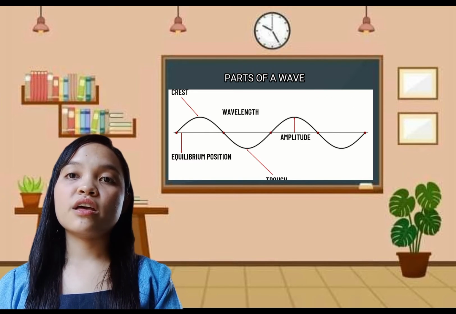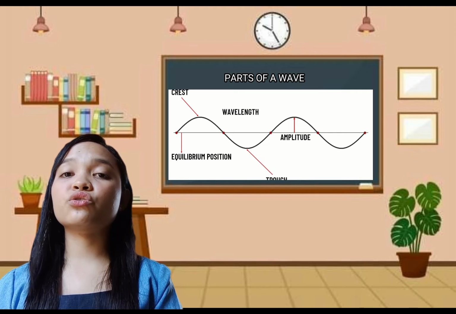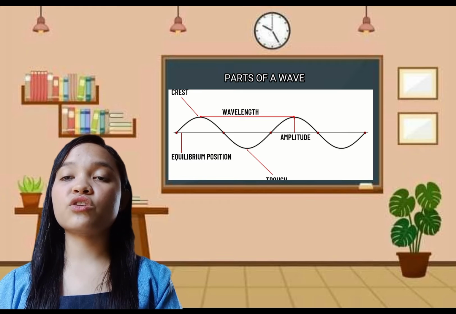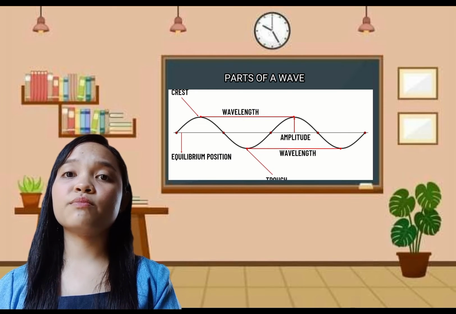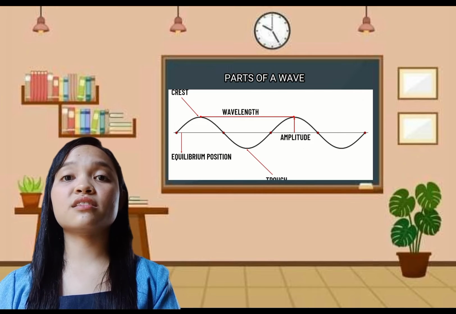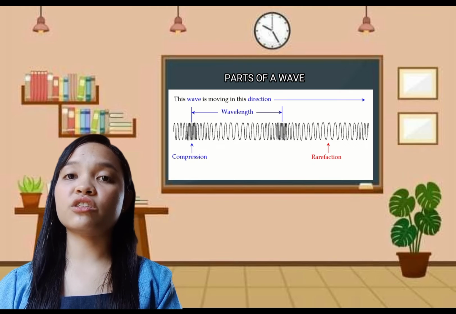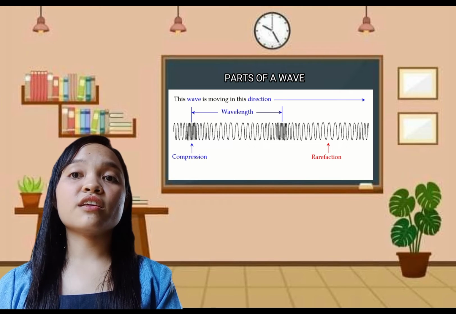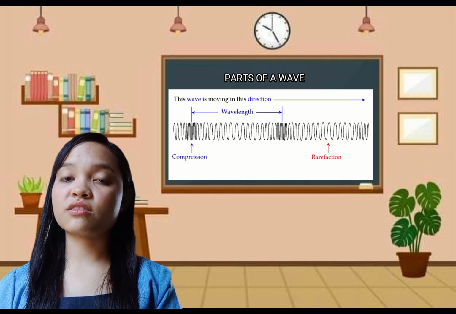For example, it can be the distance between two consecutive crests or two consecutive troughs of a transverse wave. The wavelength of a longitudinal wave can be calculated by measuring the distance between two consecutive compressions or rarefactions. The wavelength is symbolized by the symbol lambda and measured in meters.